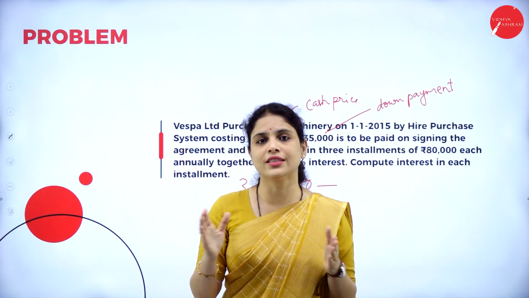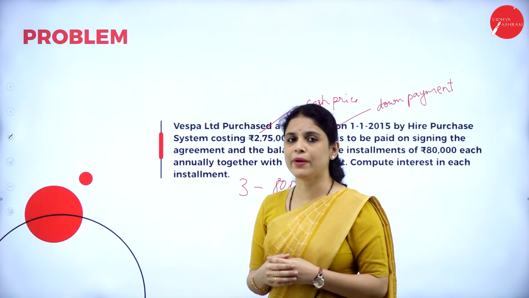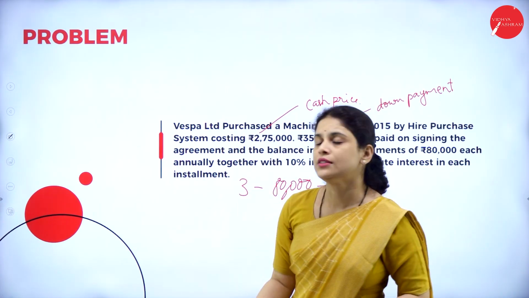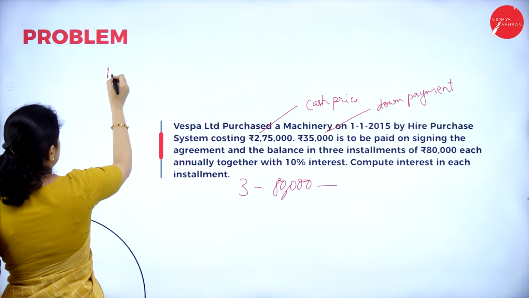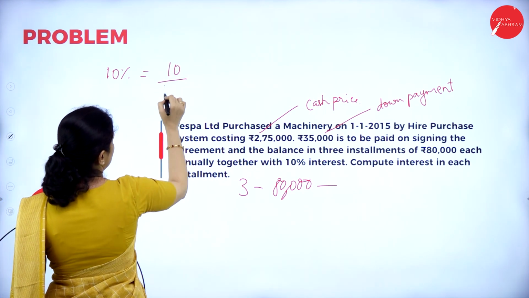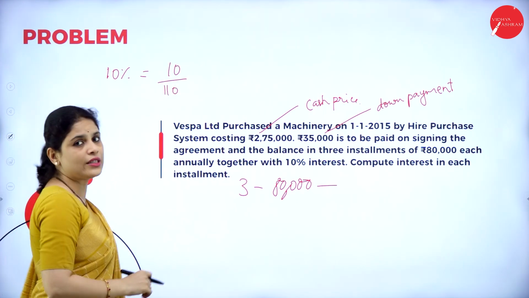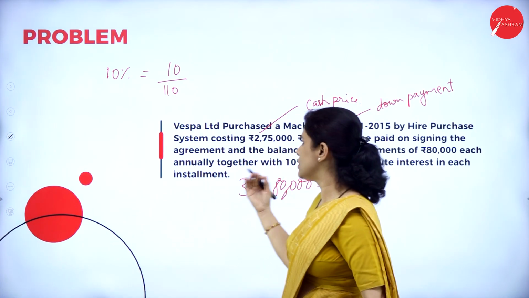Suppose if there are 3 years, we should start from the third year. And if the hire purchase price is given, then the calculation for interest will be, if suppose 10% is the rate of interest, then divided by 110. If the cash price is given, then 10 divided by 100. Let us do this problem.